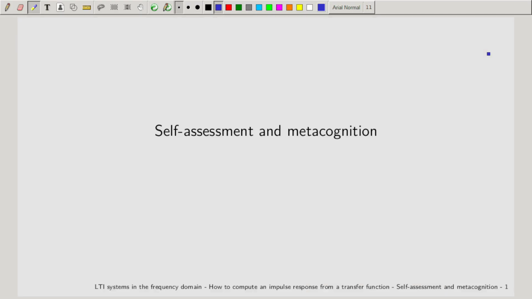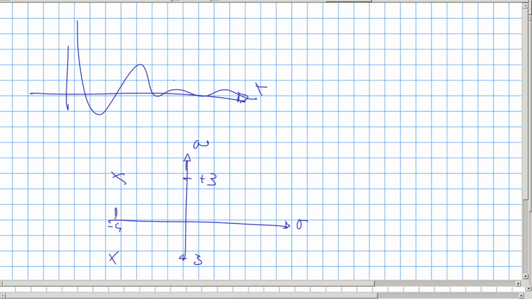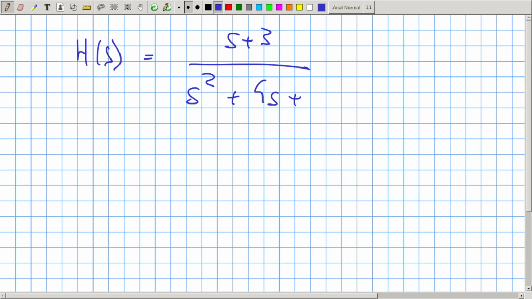I think I do an example here. Let's do an example here. H of s equals s plus 3 over s squared plus 4s plus 1.